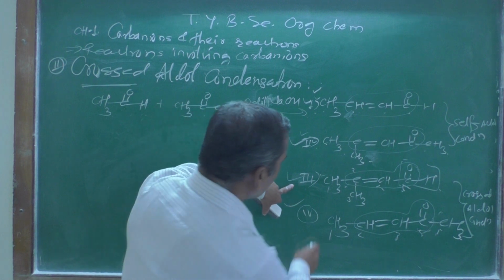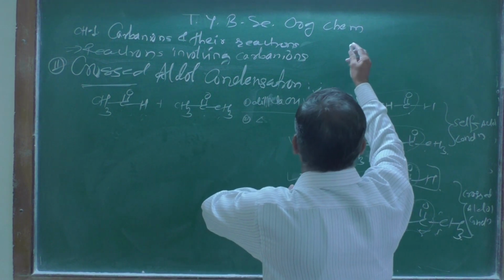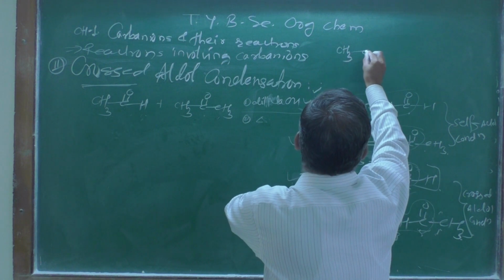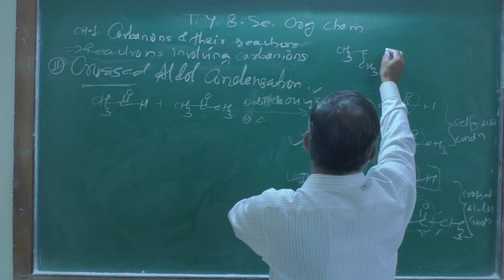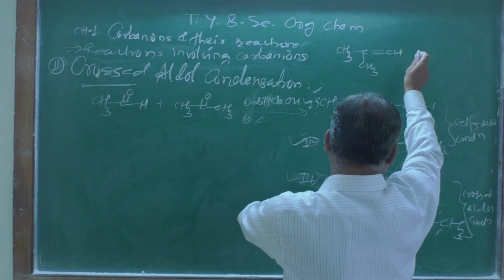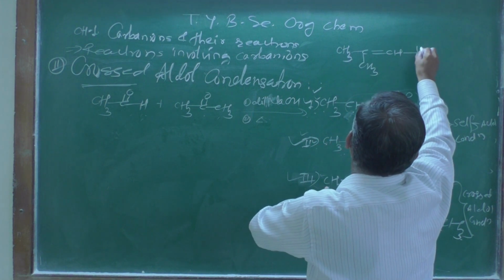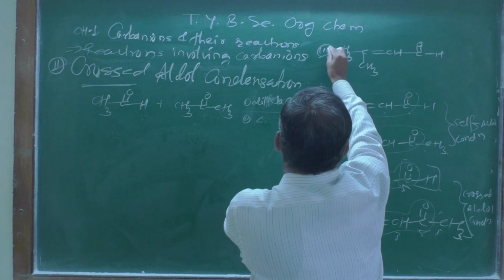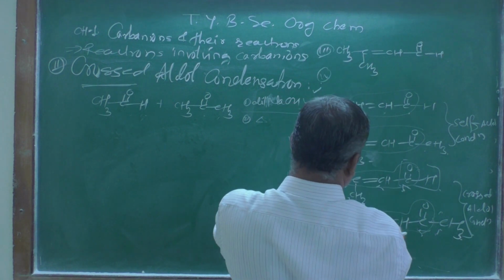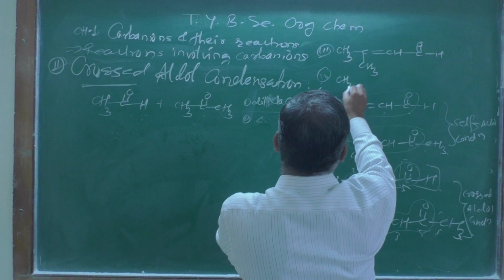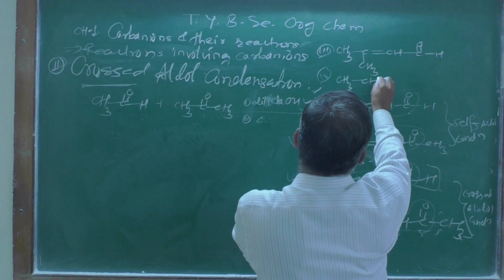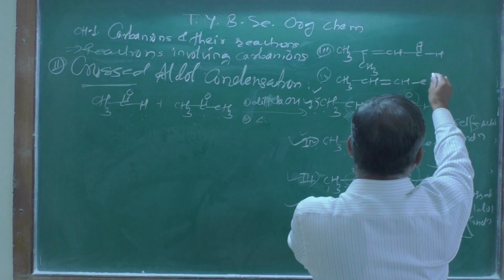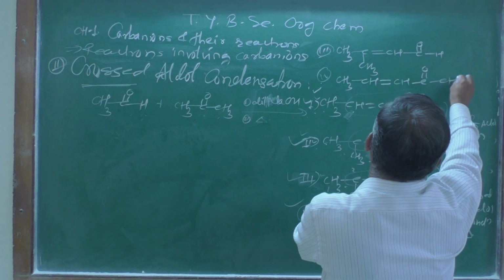Now the third and fourth, let me write the third one over here: CH3, then CH3 over there, double bond CH, then C double bond OH. This is the third one, and the fourth one I am writing here: CH3, then CH double bond CH, then C double bond O CH3, right?